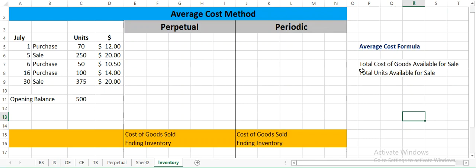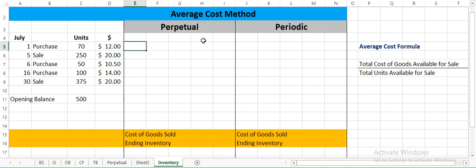Periodic usually tends to be much simpler. So let's start with the perpetual. With perpetual, we have to calculate this average cost formula on multiple occasions, every time we have a purchase or a sale.